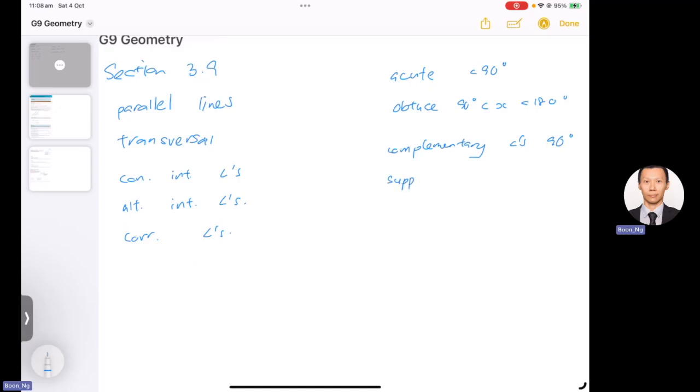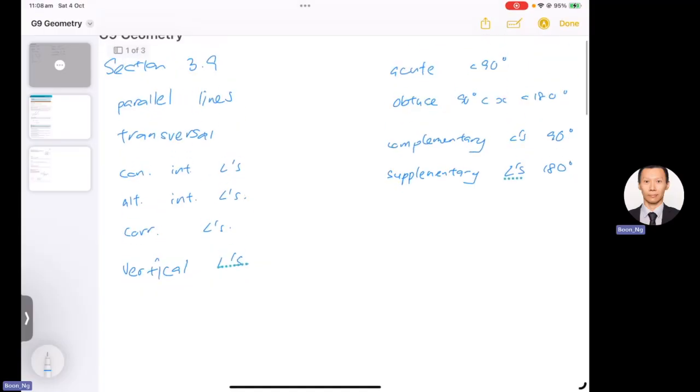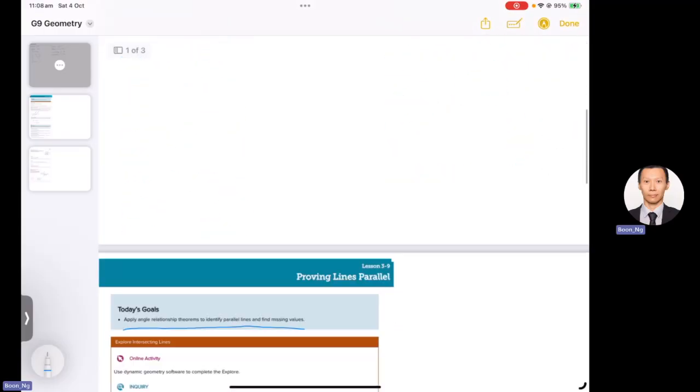Supplementary, multiple angles add up to 180 degrees. I would also like to remind you of vertical angles. All right, mainly we have learned this and should be able to just use this information.